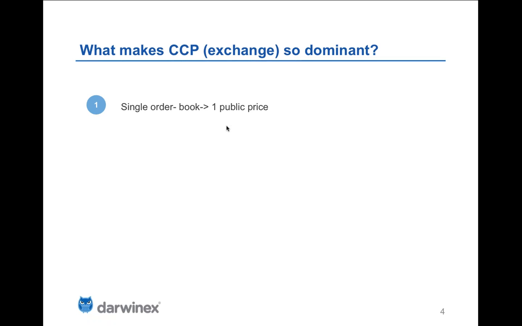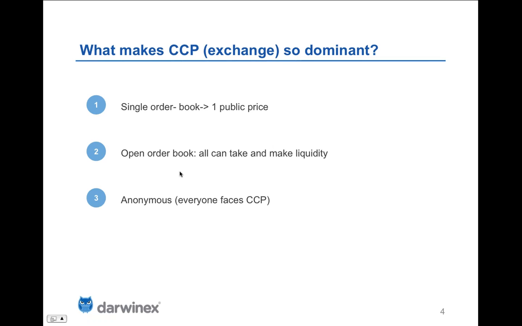And the reason for that is that when there is a centralized counterparty, all the liquidity goes via a single order book, which means there is one public price that is available and disclosed to all market participants. This order book is open, meaning that all the participants can both take but also make liquidity, which is relevant, as we'll see in a second.